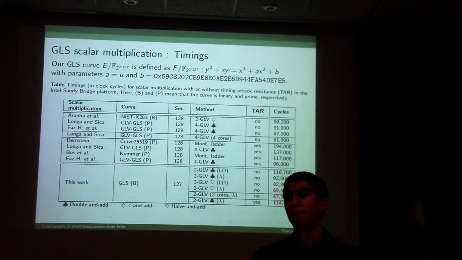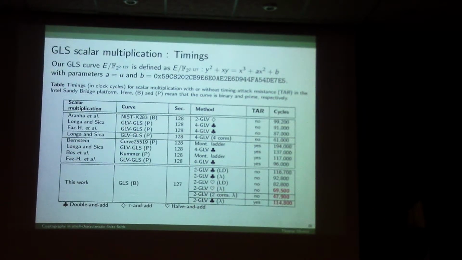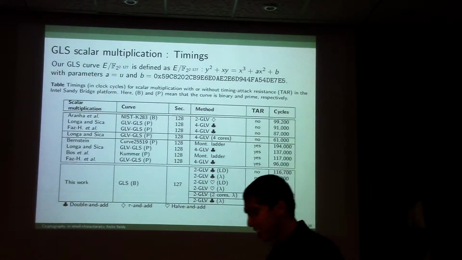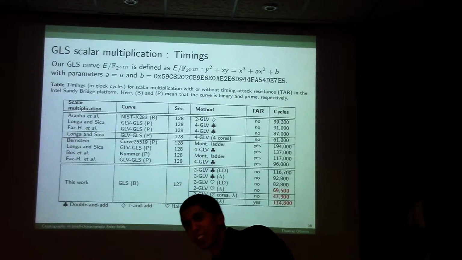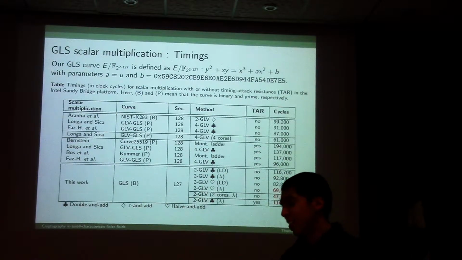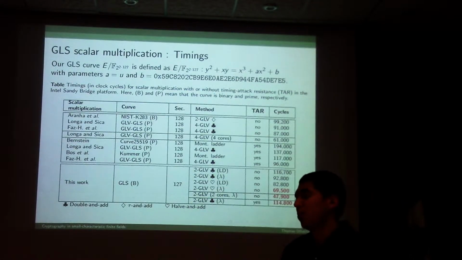You have another open question here that I didn't understand very well. Is it possible to compute the point halving operation in projective coordinates? Yes. What would be the strategy to try to find an algorithm in that direction? Well, we tried lots of things when we were doing the GLS in order to have a point halving.